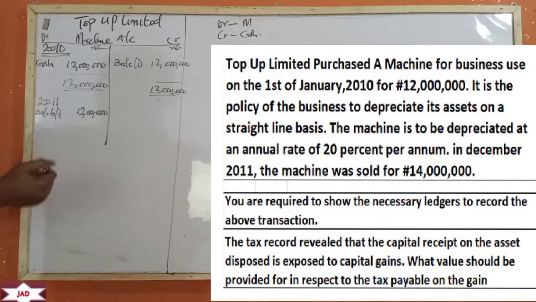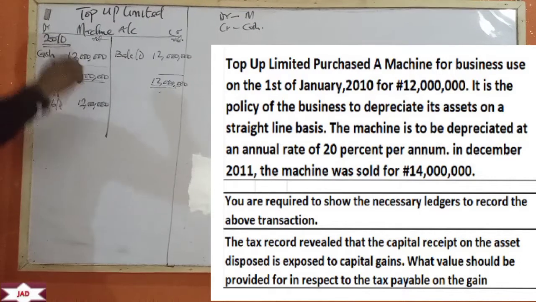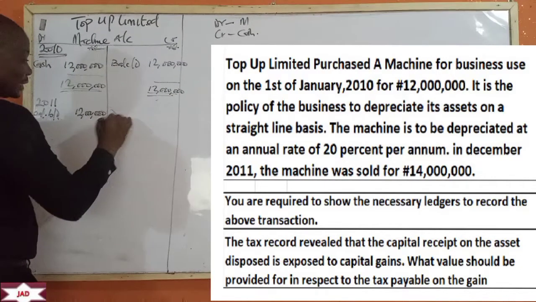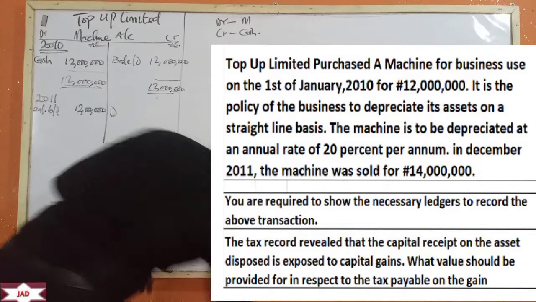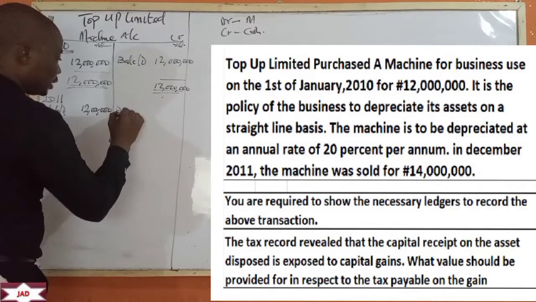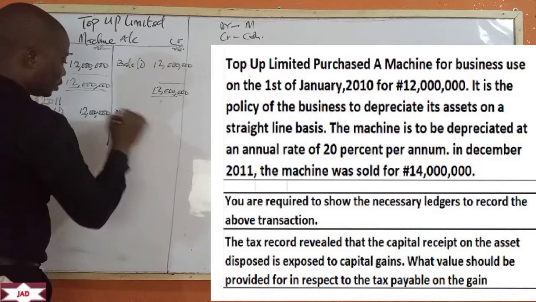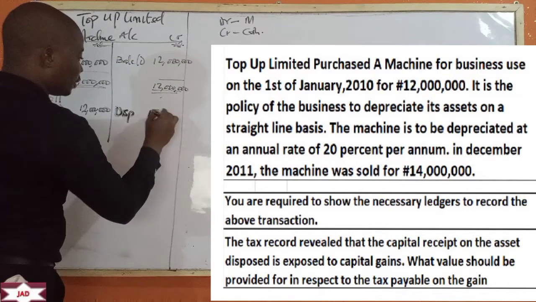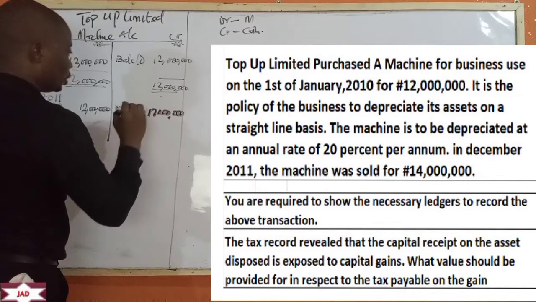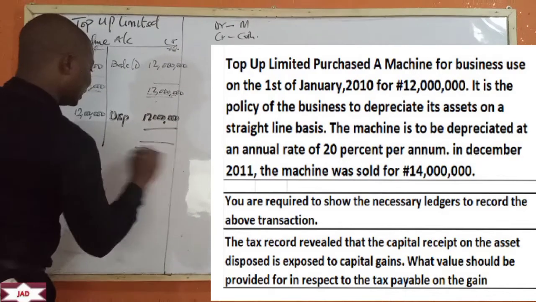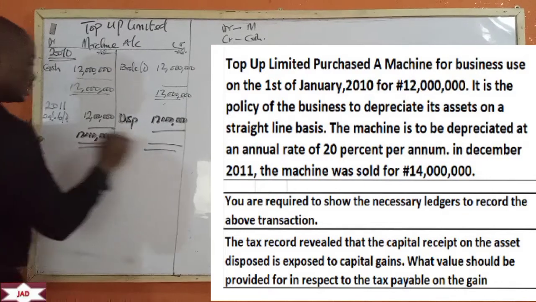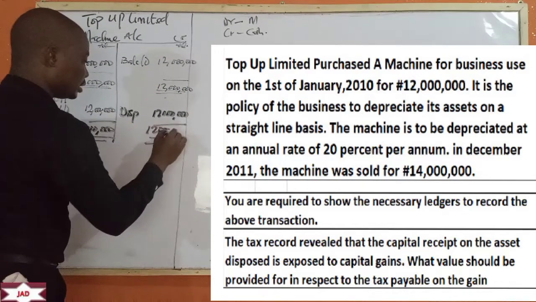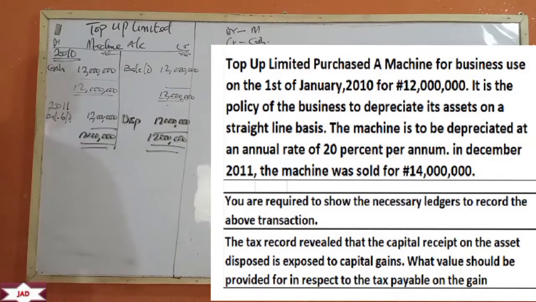Okay? So that means by the end, they're going to say transfer this value here to the disposal account, which is 12 million. Okay, so that this closes the asset account.